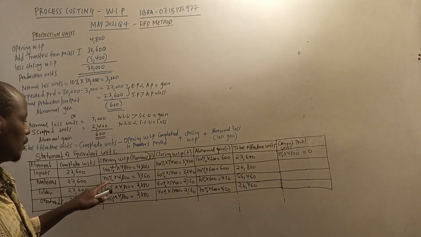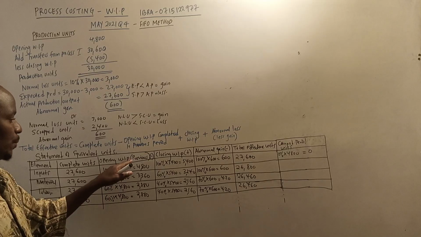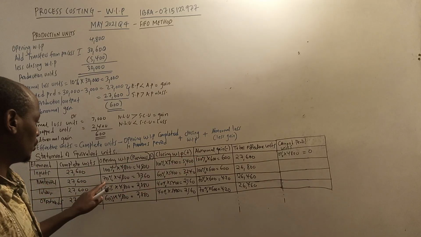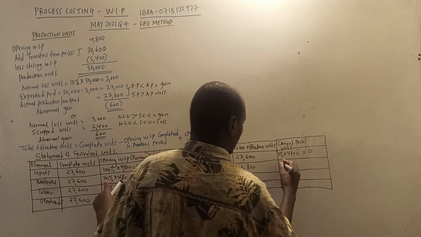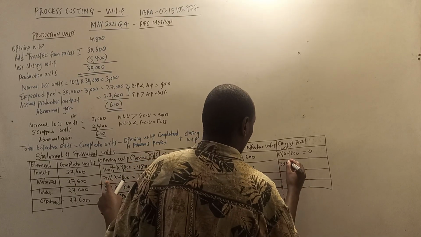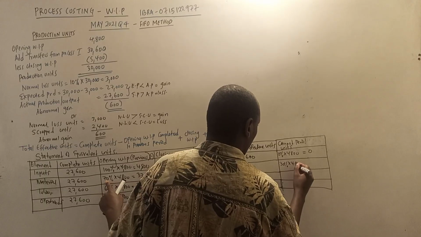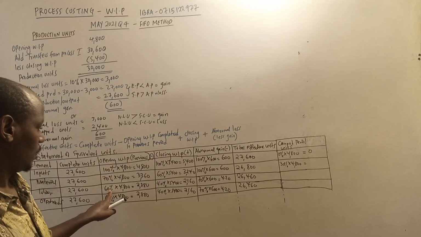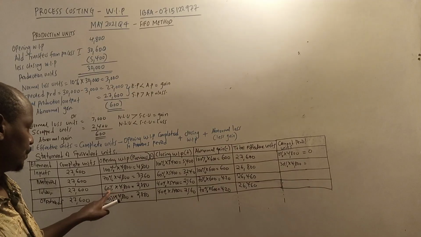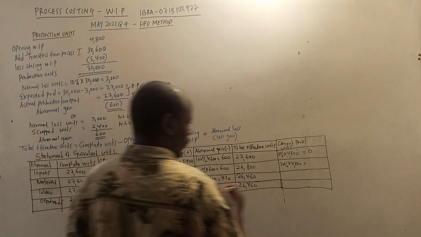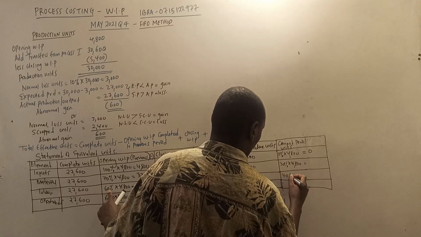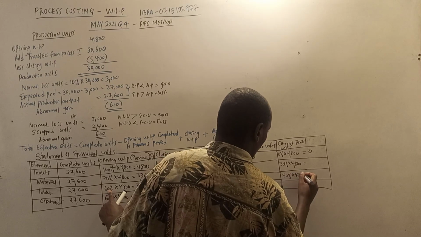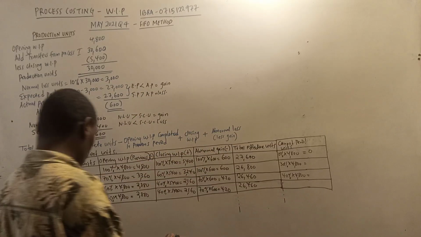If we completed 70% in the previous period, what remained in the current period? It is 30%, times 4,800. And if 60 was complete, how much remained? 40. And then also 40.